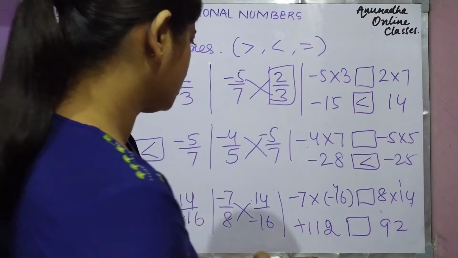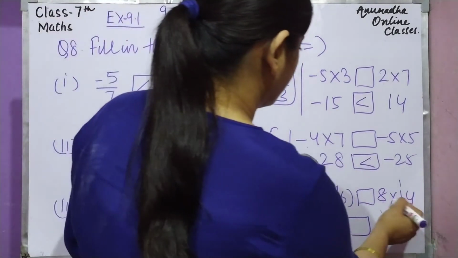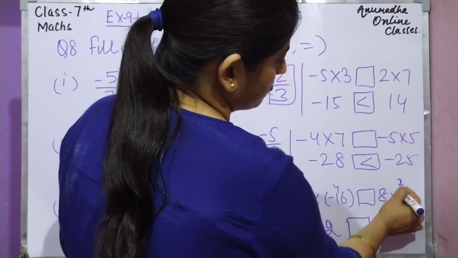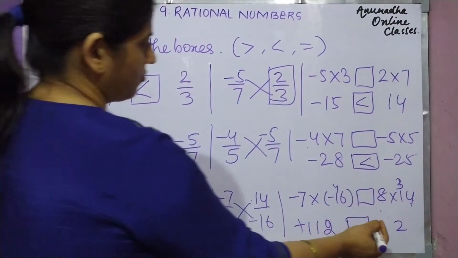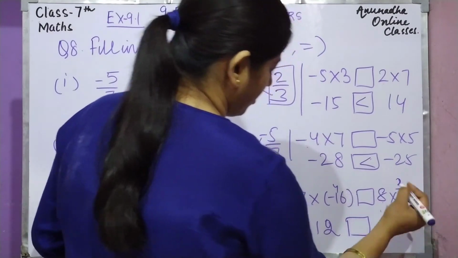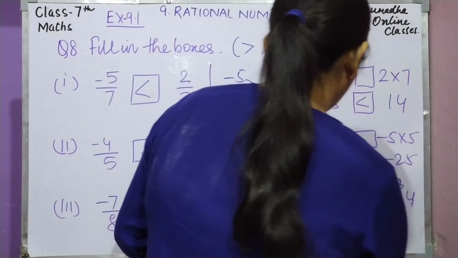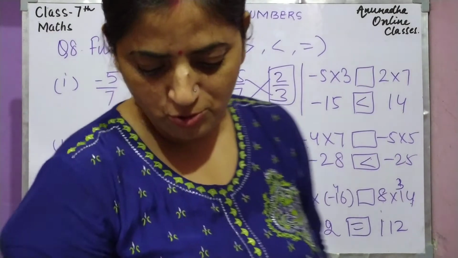I have written this 16 and this is 14. 8 4s are 32, and 8 ones are 8, plus 3 is 11. This is 112. Yes, 112 is equal. Means these two fractions are equal. So in this way you have to do question number 8.